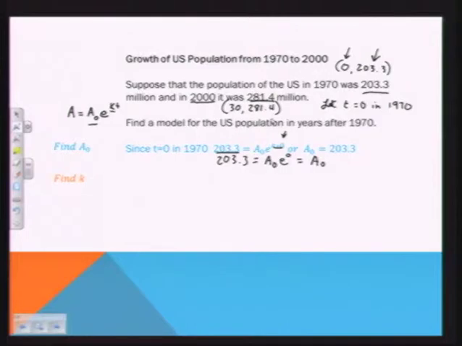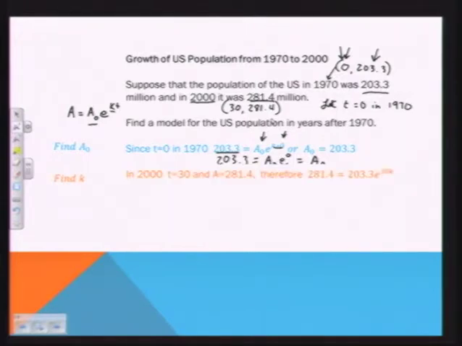And so that means that our initial population, which is not a surprise if you think about it, is considered to be 203.3 million because we let time be 0 in 1970. So the initial population, A sub 0, is going to be 203.3 million.